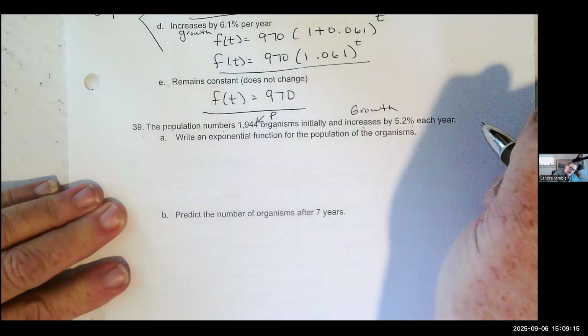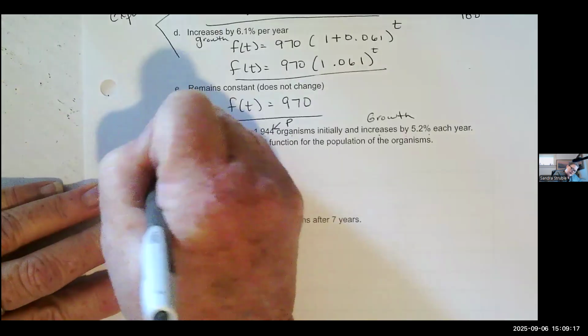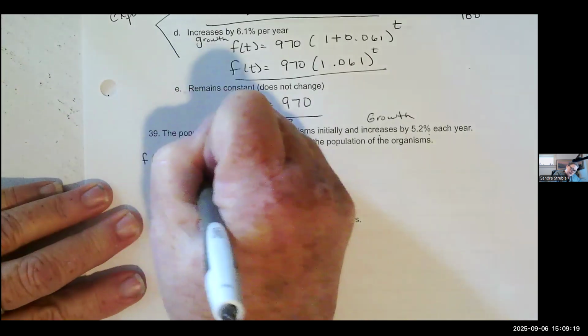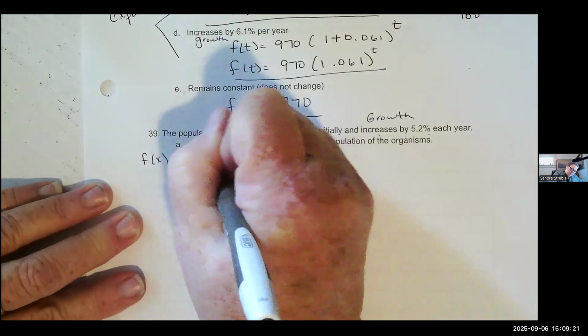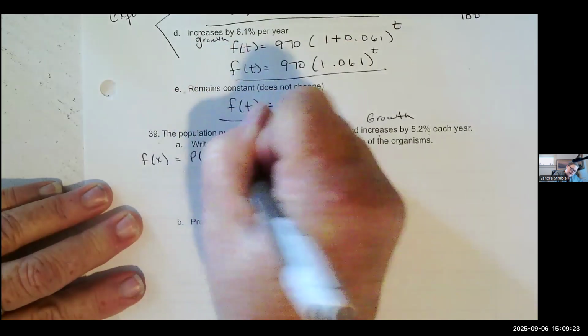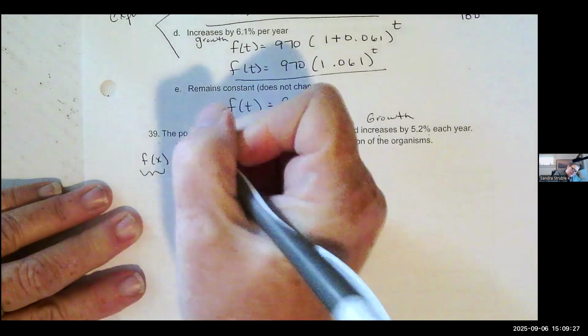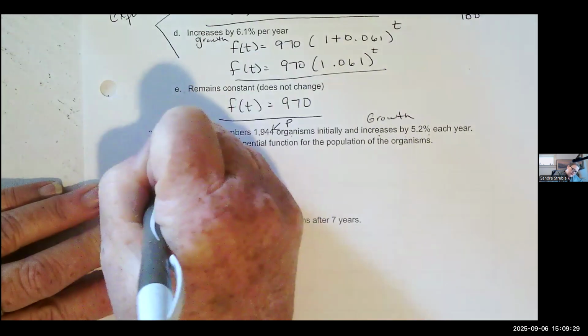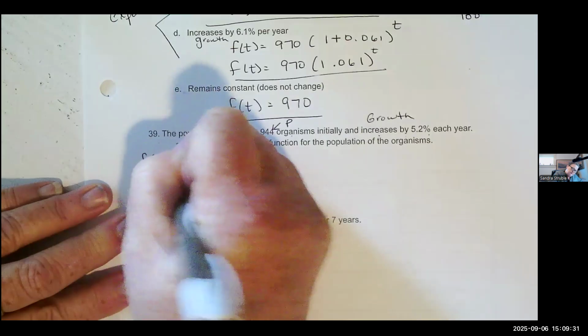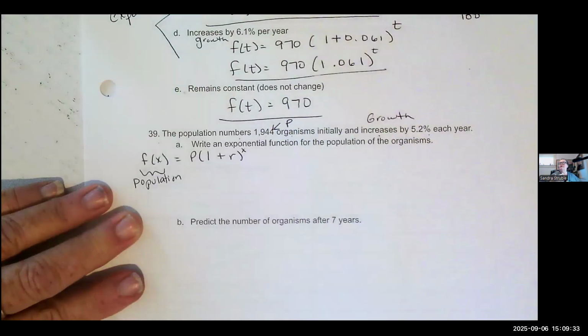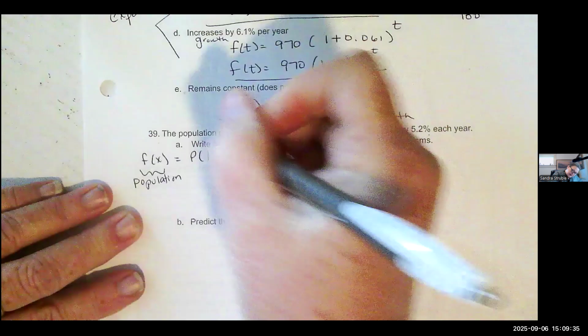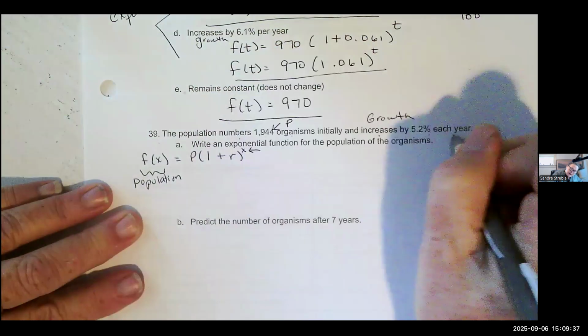So they're not telling us we can't use X. I'm going to use f of X is equal to P, and I know it's growth, so it's 1 plus R to the X. I need to understand that f of X is my population. I like to let myself know this so I don't have to go back and think, and that X is being represented by years.